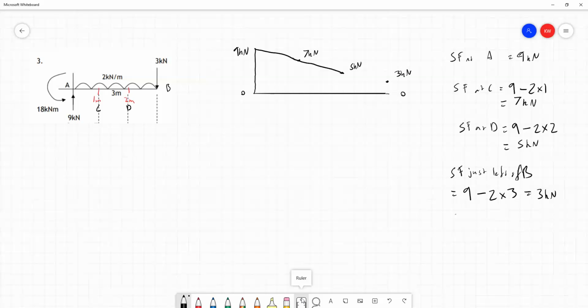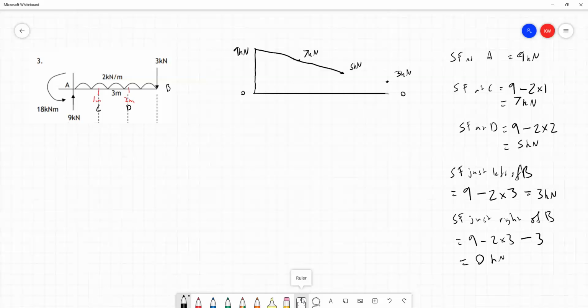And then we consider the shear force just right of B, sorry. And that's where we add that 3 kilonewton force, or rather we subtract it because it's heading down the way. So the shear force just right of B is everything that's to the left of it. So 9 minus the 2 times 3, and then we've got a 3 kilonewton force acting down the way. So we subtract 3, and of course that leaves us with 0, as we'd expect.